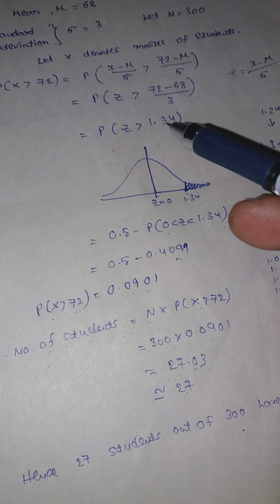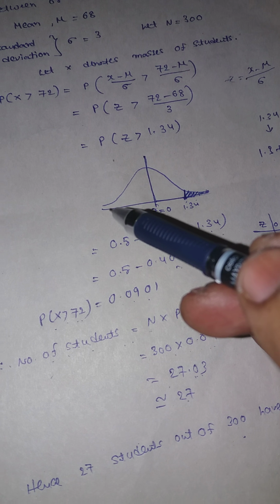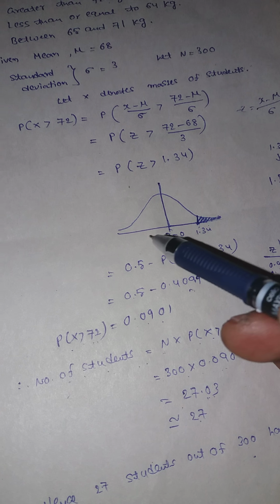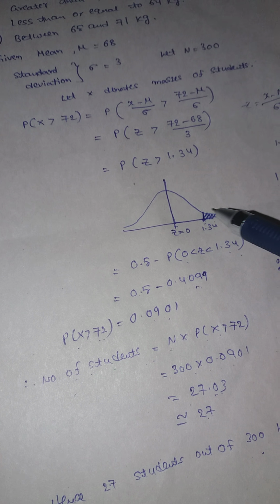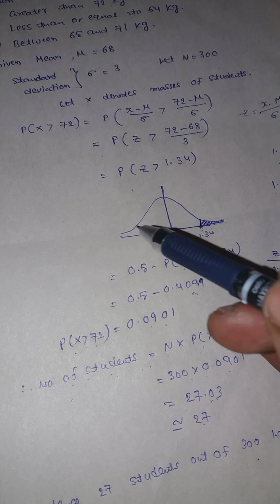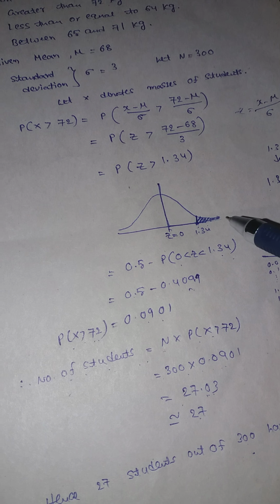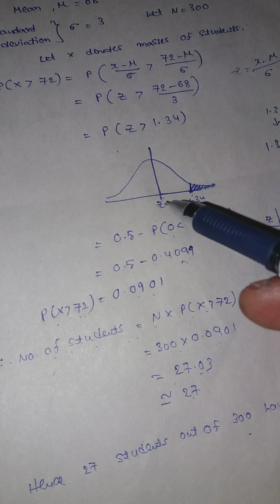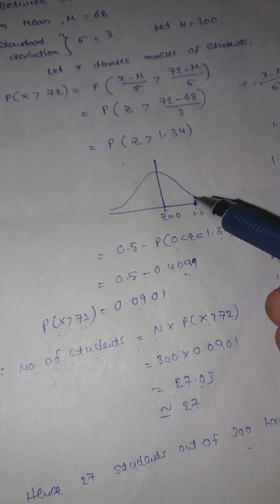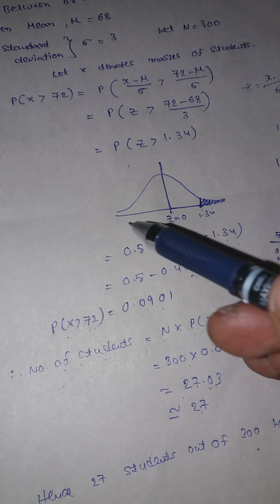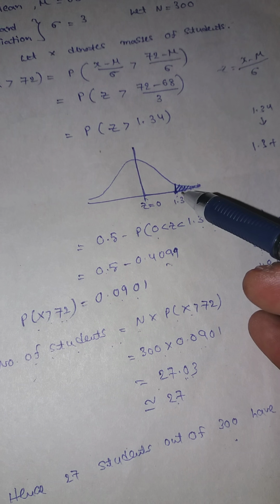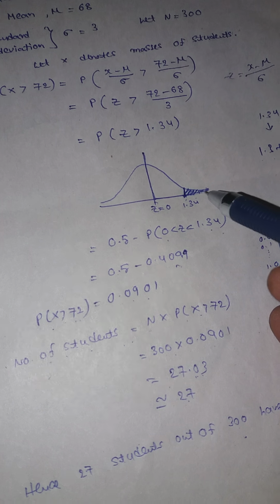To obtain the formula, write the standard normal curve: one horizontal line, the x-axis, and one vertical line, the y-axis. Draw a bell-shaped diagram which represents the standard normal curve, with the middle line representing z equals 0. As you know, the total area under this curve from this side to this side is 1.